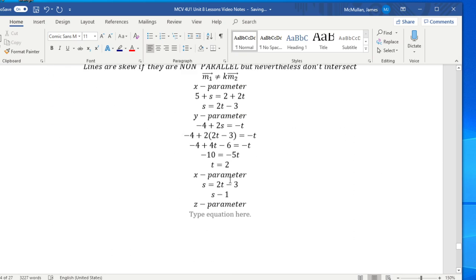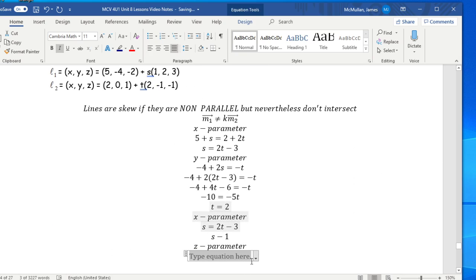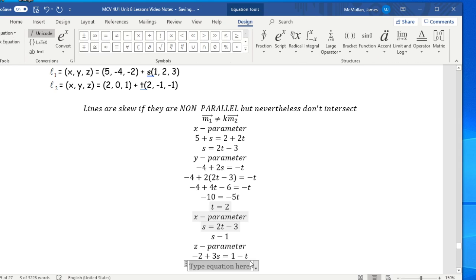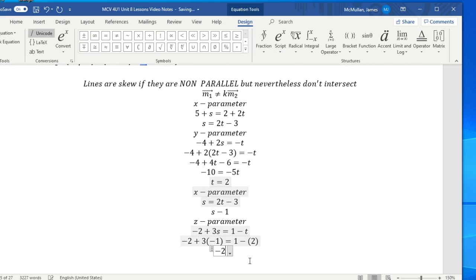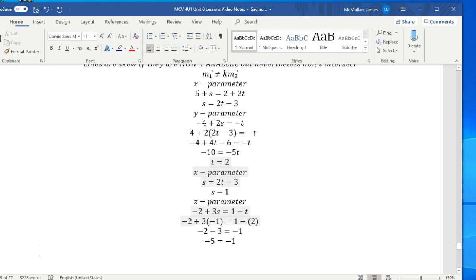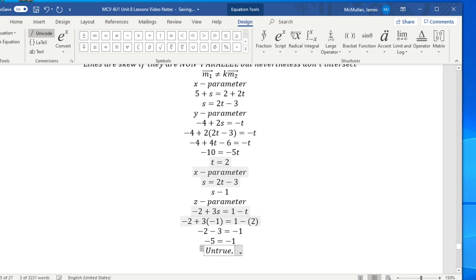In the z parameter, we want to show -2 plus 3s equals 1, take away t, and we plug in what we know. -2 plus 3 times 1 equals 1 minus 2. -2 plus 3 is equal to -1. -5 equals -1. This is untrue.